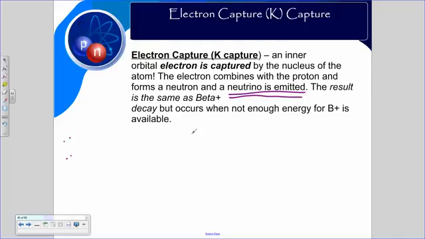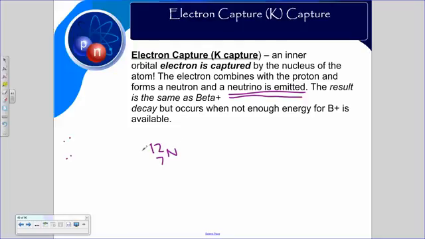So let's look at an example of how K-capture works. Let's say we have a scenario, the same scenario we had on the prior page for beta positive. We have nitrogen 12. Let's say that for some reason we don't have the energy necessary for this atom to alone by itself eject that neutrino and flip the designation of a proton to a neutron.